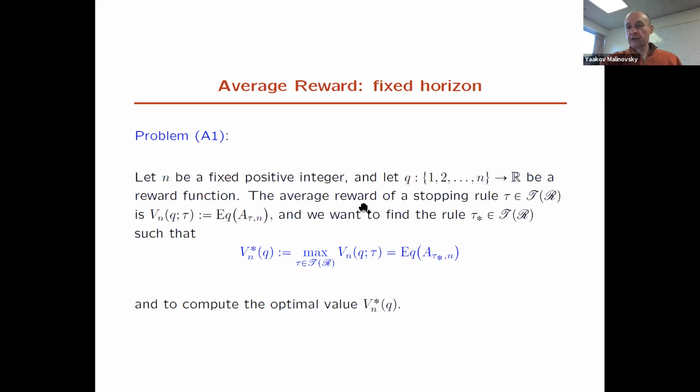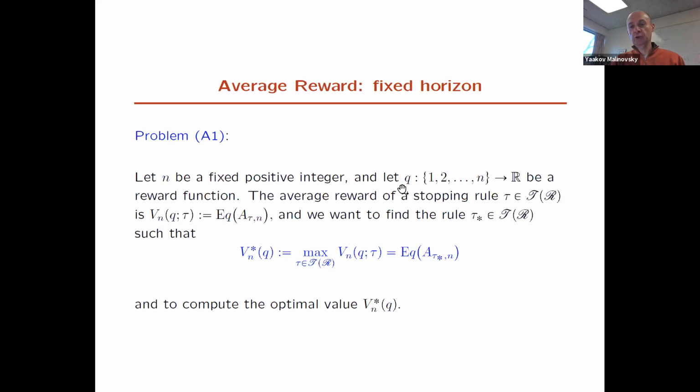Every reward of a stopping rule tau, which is based on the filtration of relative ranks, is the expectation of q of the absolute rank. We want to find the stopping rule tau star such that this expectation is maximal, and we would like to compute the optimal value of the reward function. I will show shortly a few examples of such functions q.